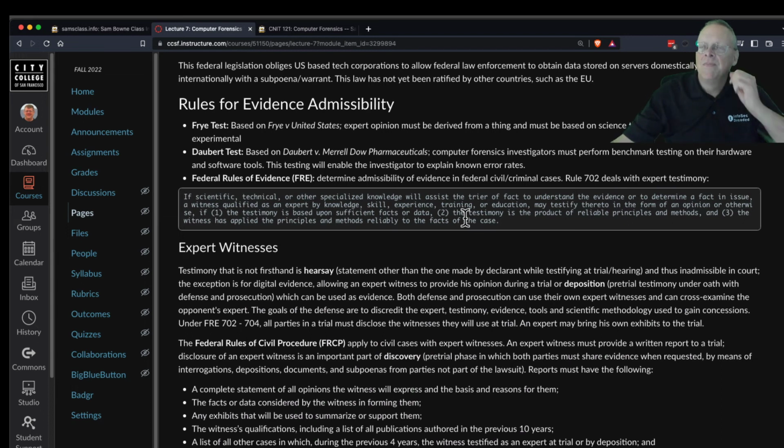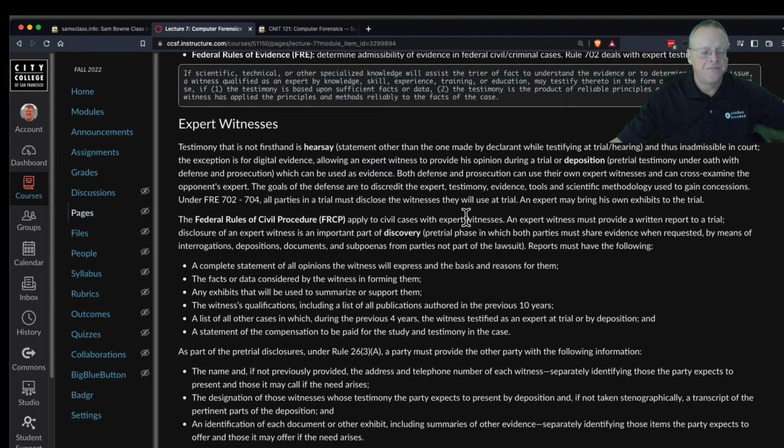It's not like you have a CISSP that makes you an expert. That might be one of the credentials, which is part of convincing people you're an expert, but what really matters is if you convince the jury that they trust what you're saying. And in particular, if they trust you more than they trust the other expert witness in the event that the two of you disagree about something.